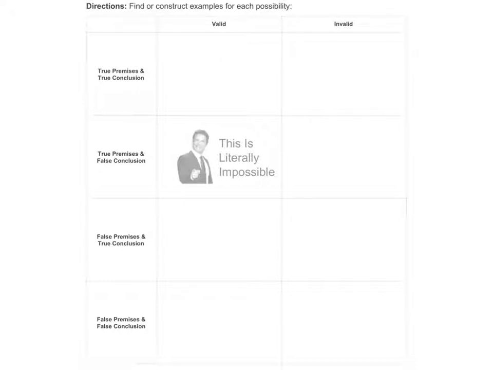So let's start with an example of a valid argument that has true premises and a true conclusion. So, premise 1, I have either a cat or a dog. Premise 2, I don't have a dog.